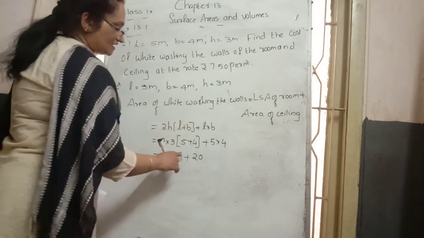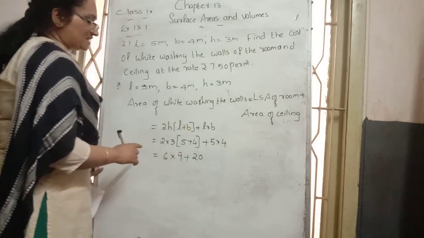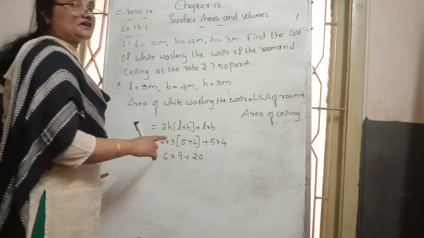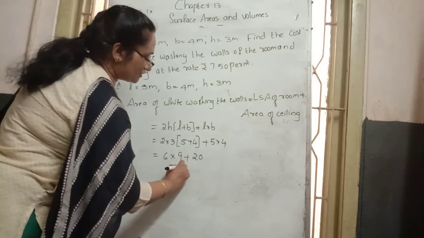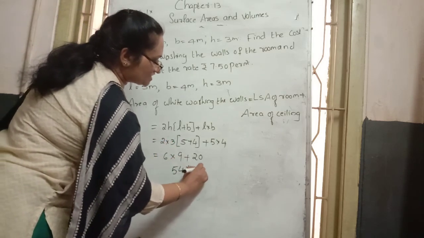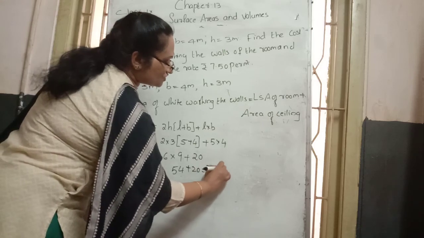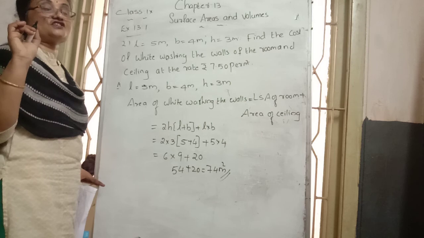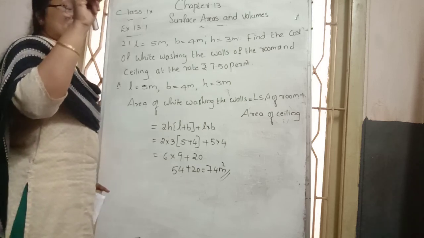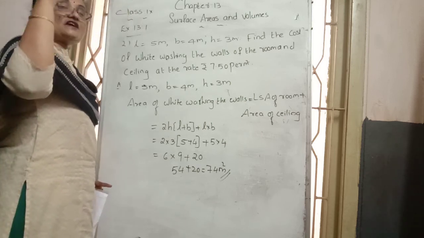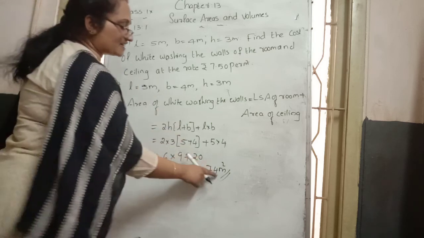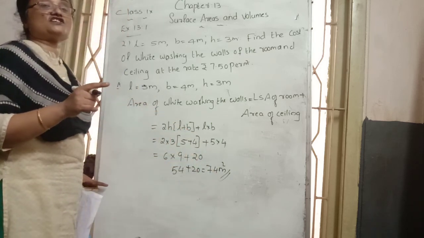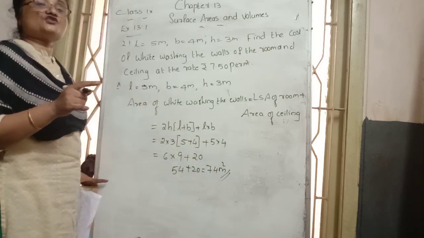Then 6 into 9 becomes 54. 54 plus 20 comes to be 74 meter square. This is the area we want to whitewash, not the whole room area. The 74 meter square area is where we want to whitewash.